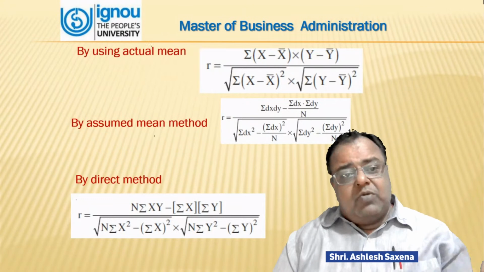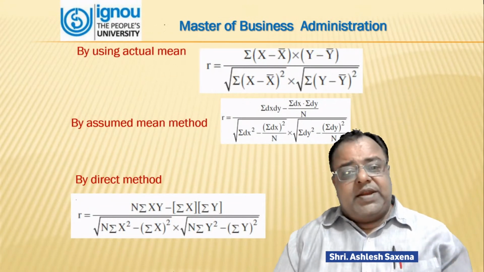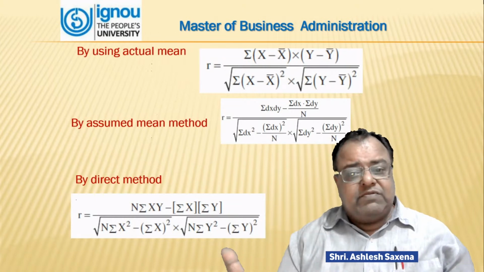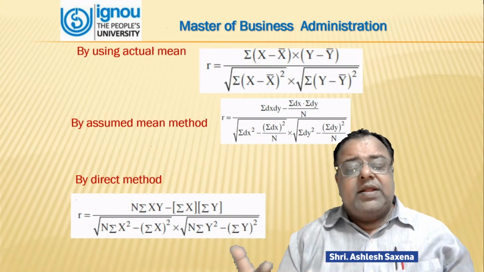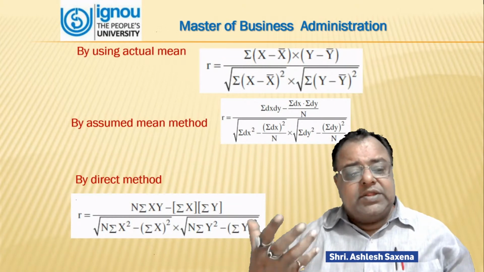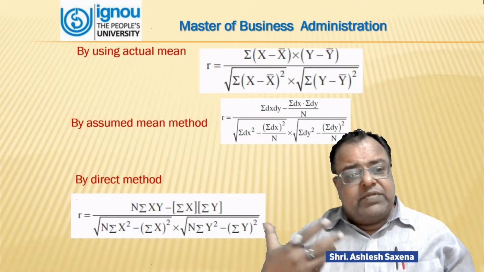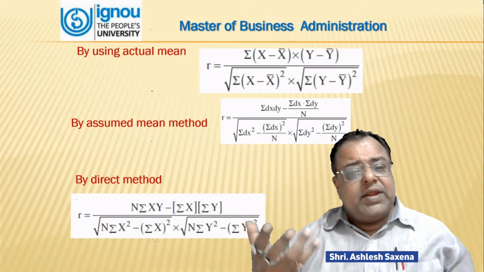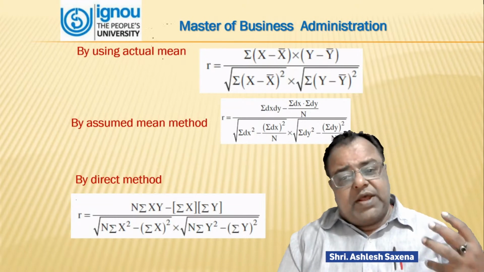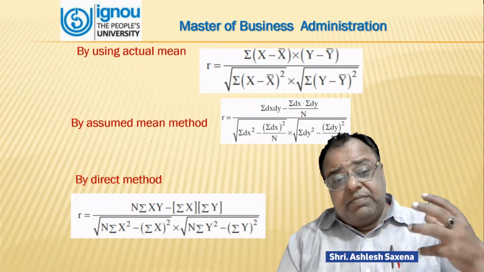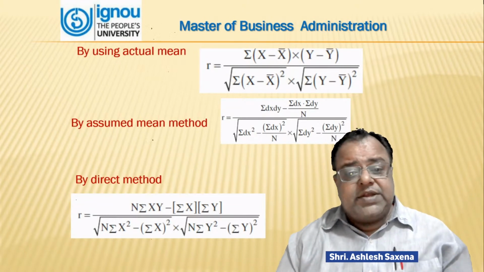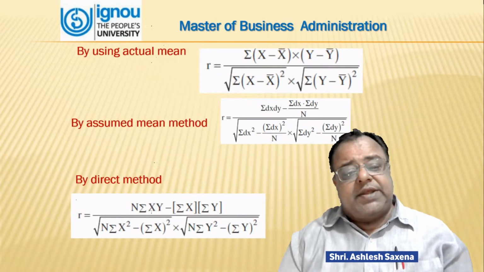Actually, how are these values calculated? Mathematically, we can see that we have the observations with us. They are converted by using these three formulas. If we are using the actual mean, it is the first one, and if we are using the assumed mean method, then the formula changes, but the context remains the same.